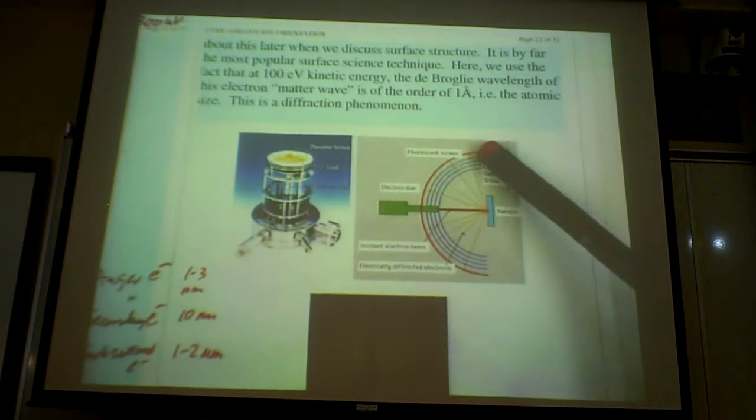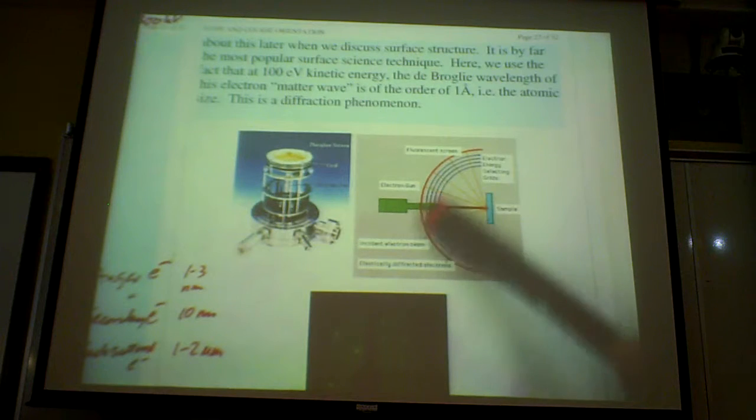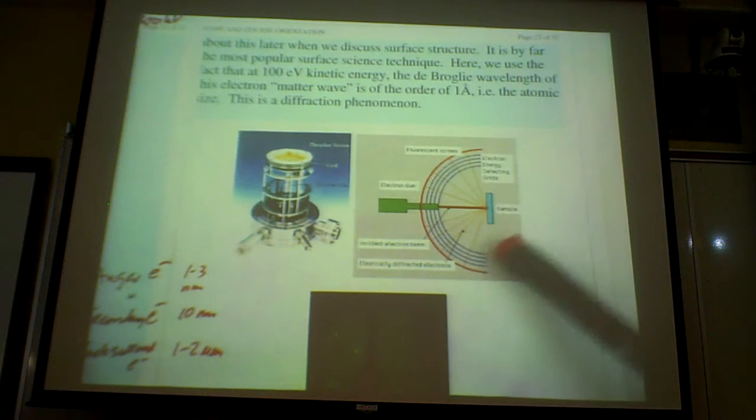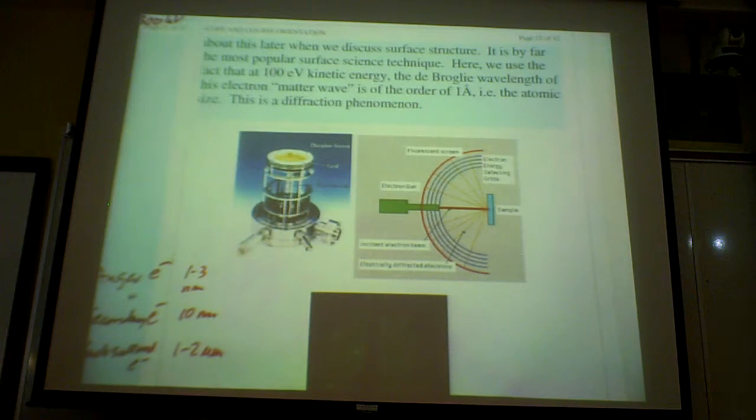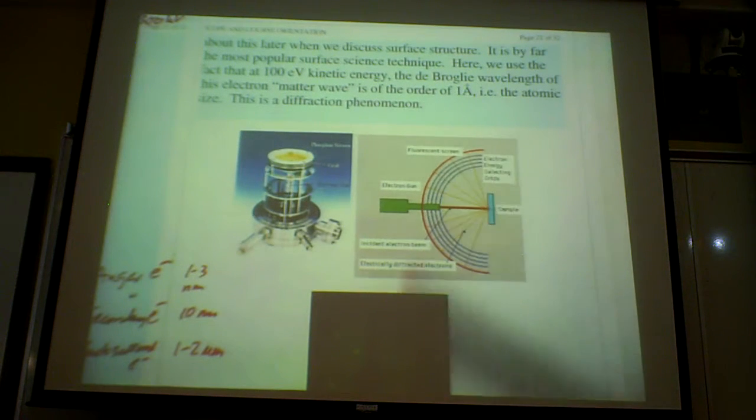So basically you have these concentric hemispheres, and at the back you have a curved hemispheric screen, and you detect spots that look like this.